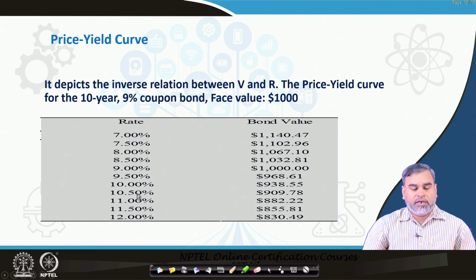Once we increase the rate of return, the value is declining: from 10 to 10.5 it becomes 909.78, and so on. But whenever we decrease the interest rate, you see that it is increasing. This is what we can observe when we establish the relationship between the interest rate and the price of the bond.